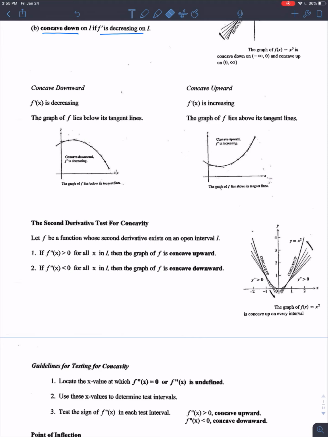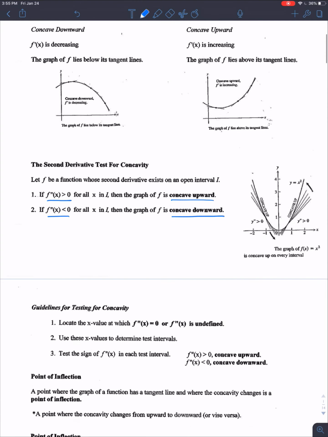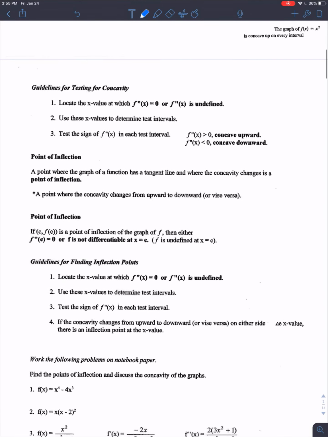We're going to use the second derivative test for this. If the second derivative exists and is greater than 0, it's going to be concave up. If the second derivative is less than 0, we're going to have concave down. Now there are some guidelines for testing that.